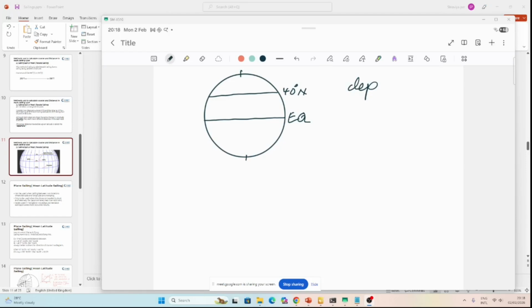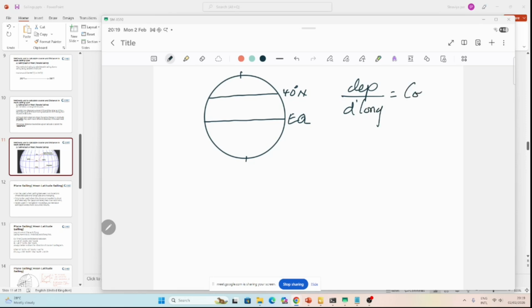Okay, right. So last time we were talking about parasailing. Then we saw the relationship between departure and D long, which is departure divided by D long equals cos latitude.